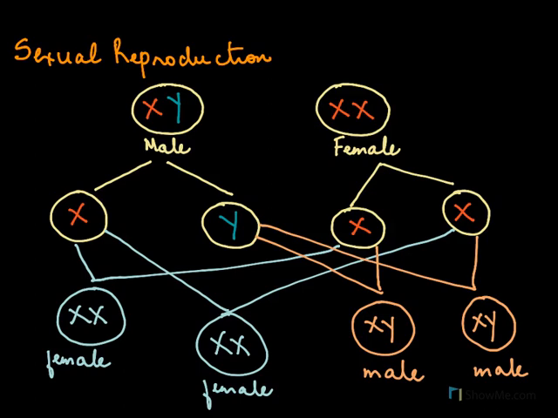But if the egg is fertilized by a sperm that is Y, then what will happen is you will get XY, and that will be a male. So it is the sperm that determines the gender of the child.